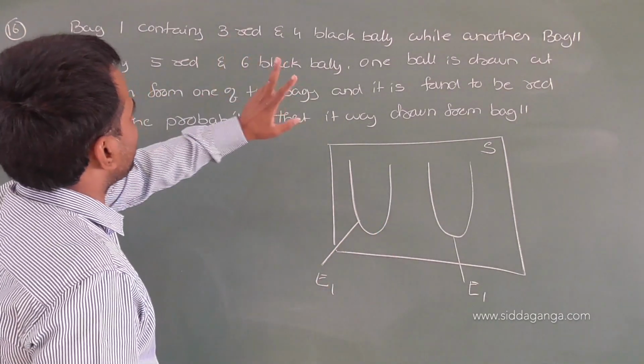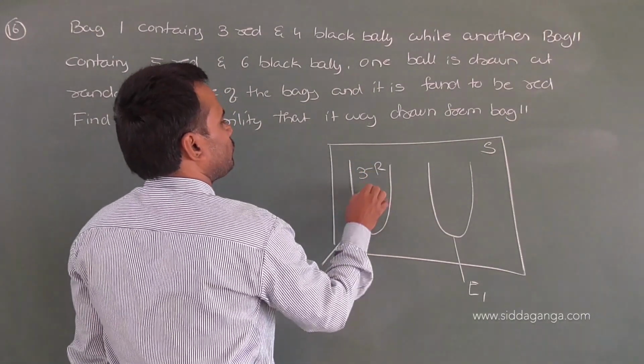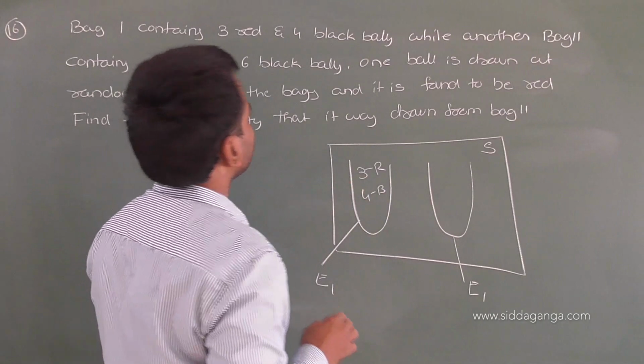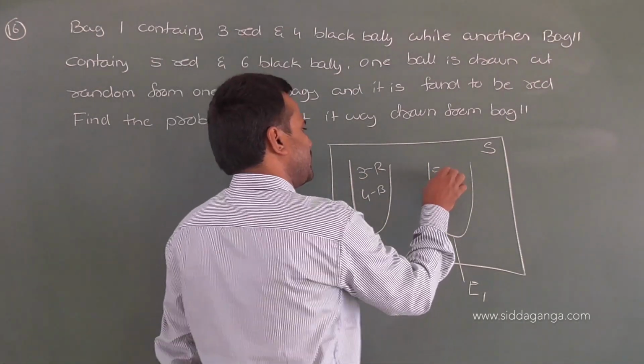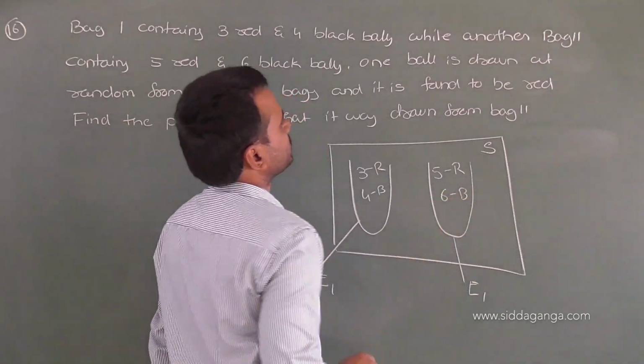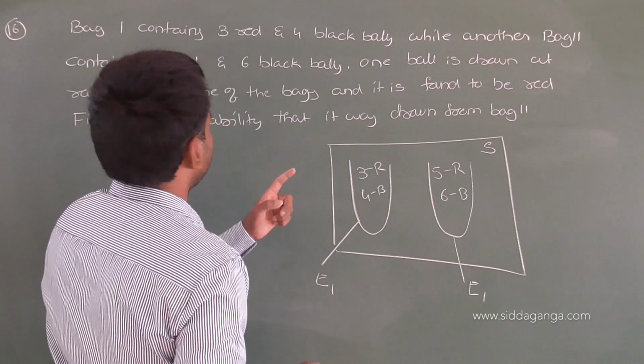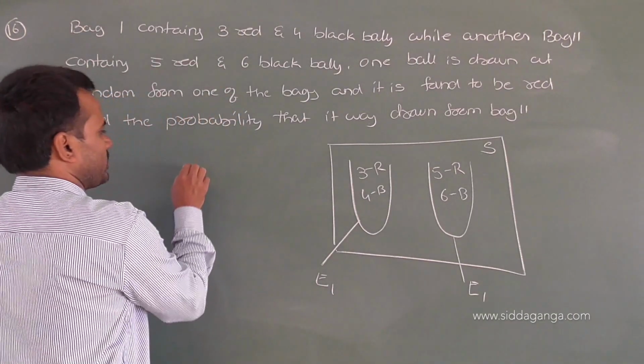The first bag contains 3 red, 4 black balls. The second bag contains 5 red and 6 black balls. What is the event? One ball is drawn from the bag, and it was found to be red.